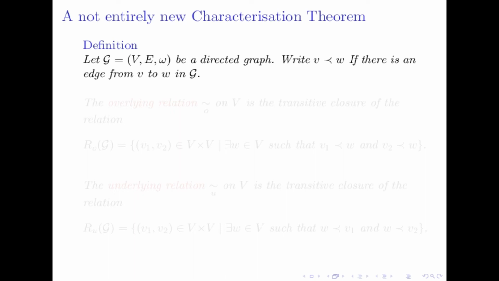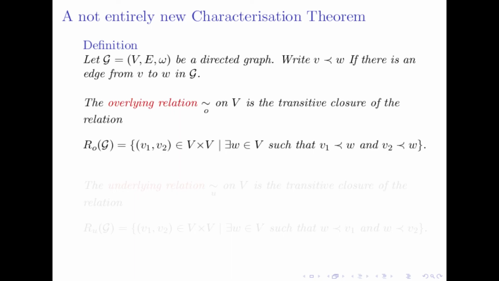So here's the definition. If you have a directed graph, you write V, for a vertex V in V, you write V is less than W if there is an edge from V to W in G. And then you define two relations, and I'm going to define them formally and then show you some pictures to demonstrate what these relations actually mean.